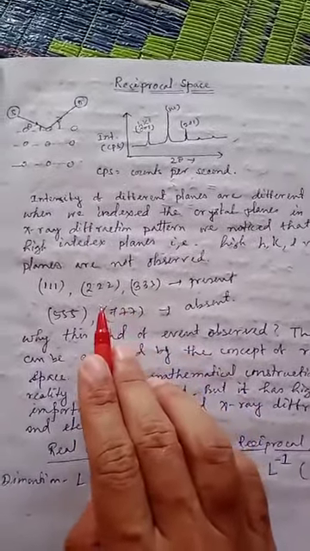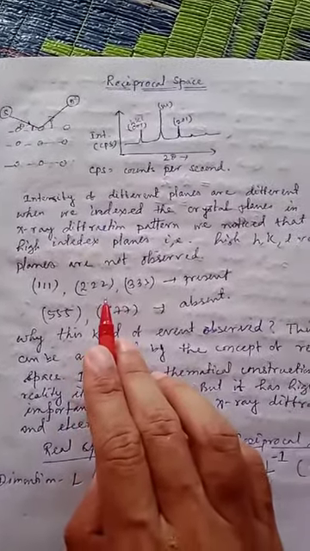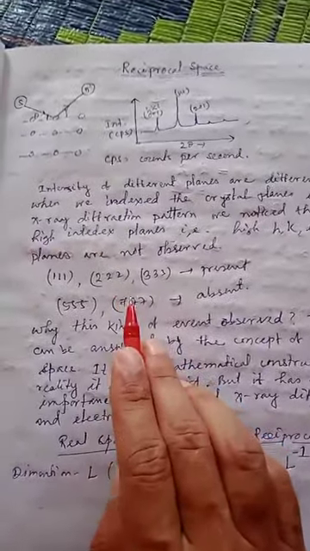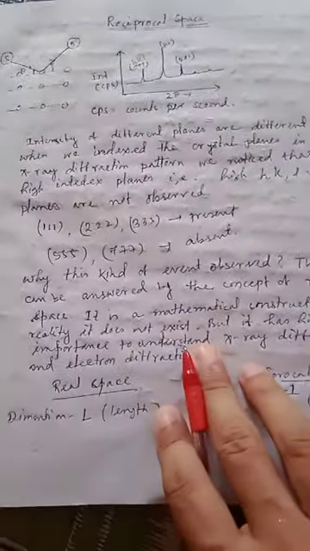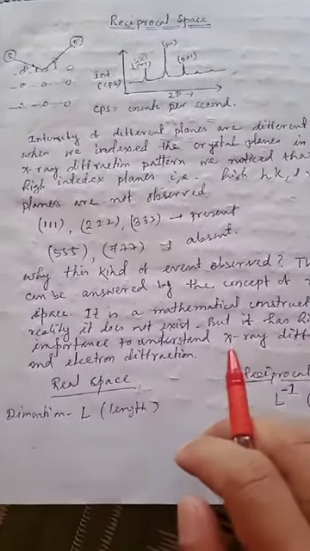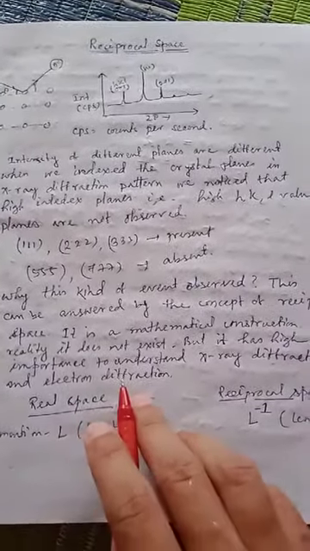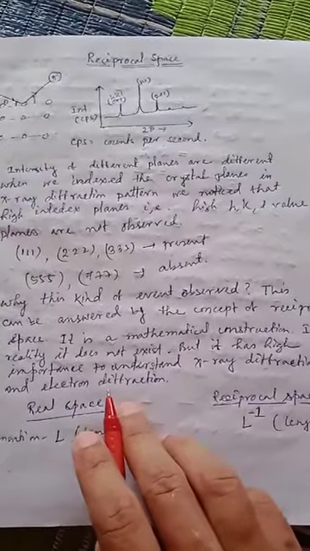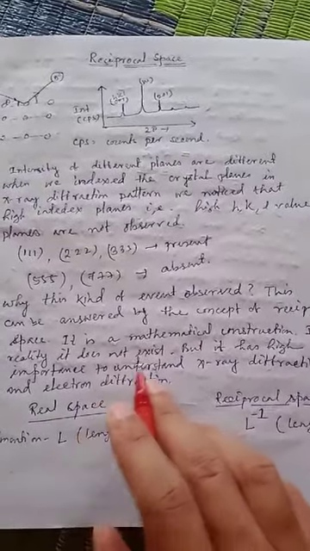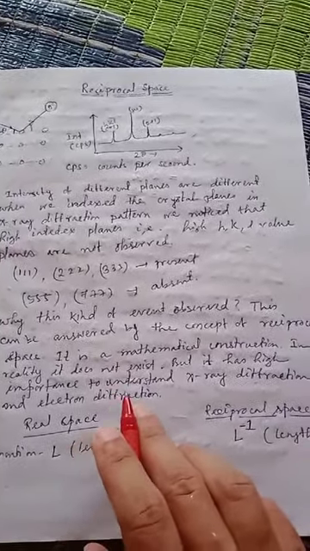This phenomenon can be explained using a concept called reciprocal space. You know that reciprocal means inverse. 1 by something is called the reciprocal of something. This is basically a mathematical construction. It does not have any physical intuition, it is only a mathematical transformation or formulation.